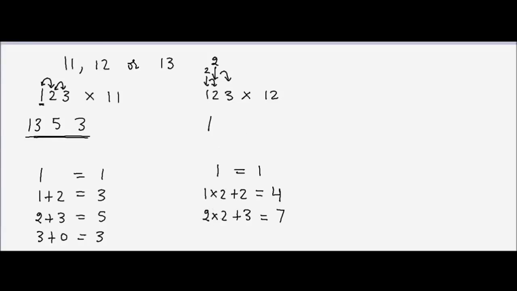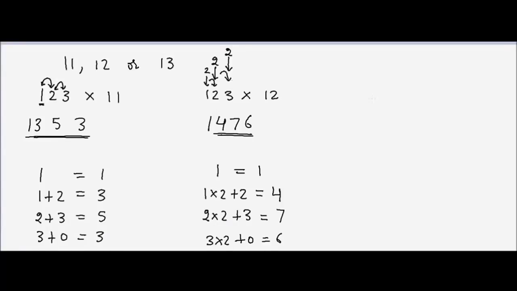And then for the last digit I multiply the last digit by 2: 3 into 2 plus 0, that will be equal to 6. So the answer will be 1476. Basically I am multiplying each digit by 2 and then adding the next digit into it.